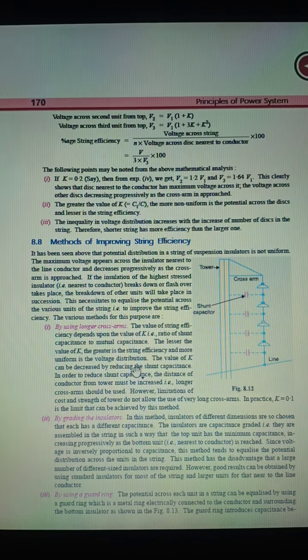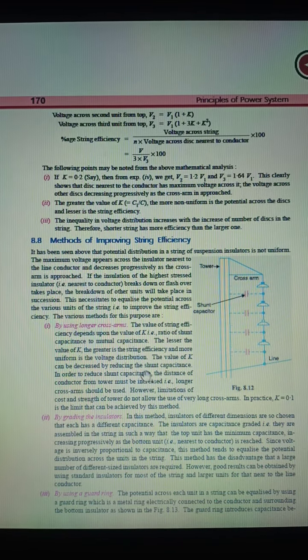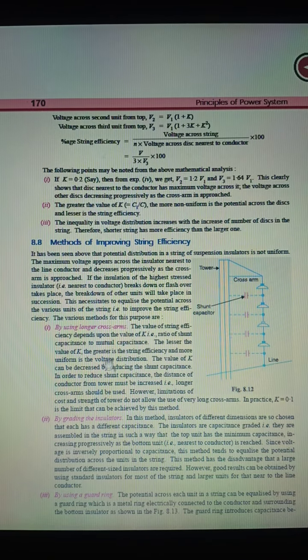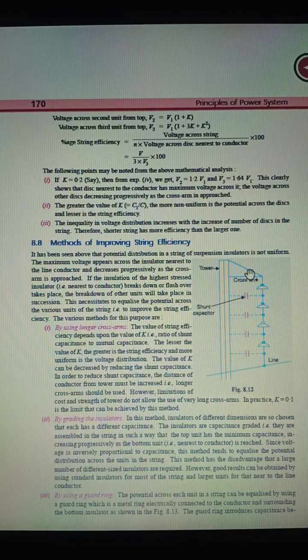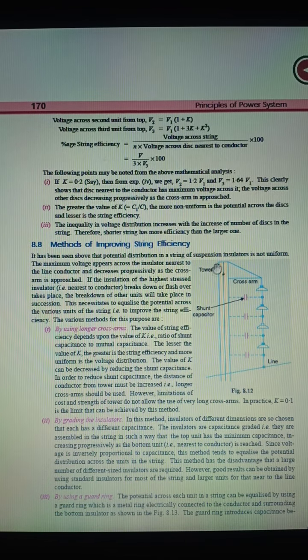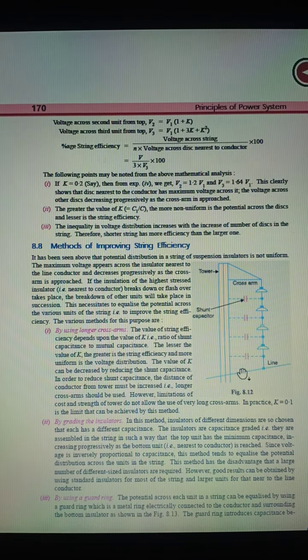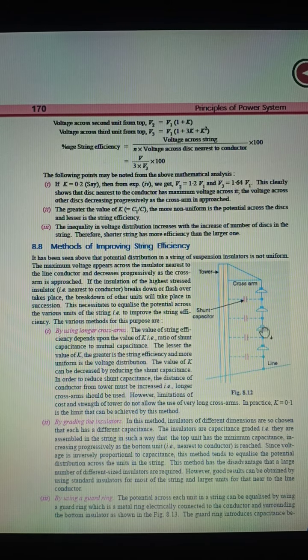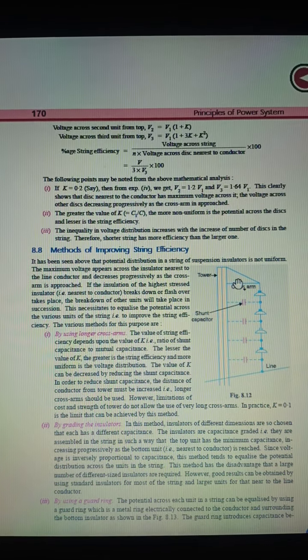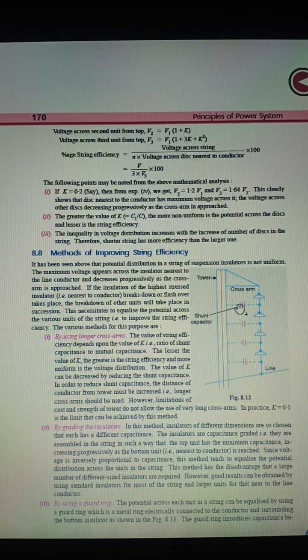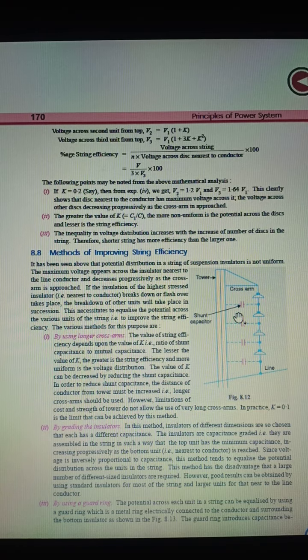String efficiency can be improved by different methods. First, by using a longer cross arm. This is a cross arm, this is a tower, this is a shunt capacitor, and these are the string insulators of suspension type. When we increase the cross arm, the shunt capacitance is reduced.